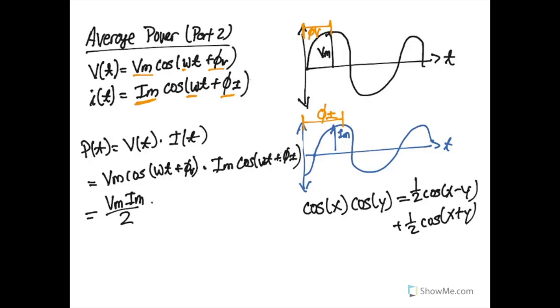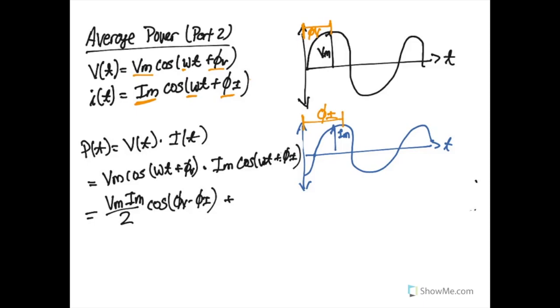And then this would be cosine of the voltage phase minus the current phase, plus Vm Im over 2 cosine of 2Wt plus phi V plus phi I.